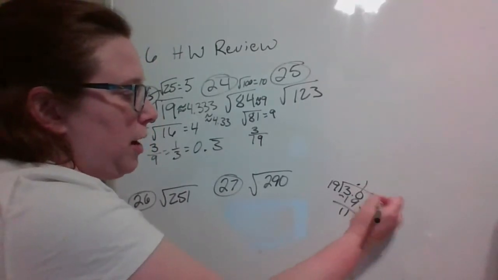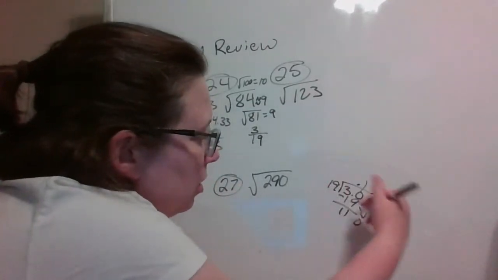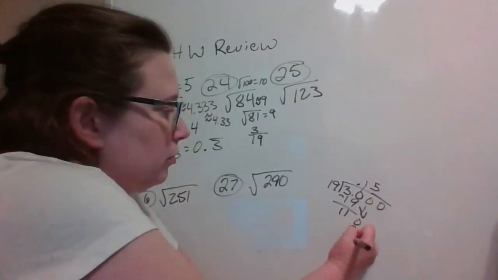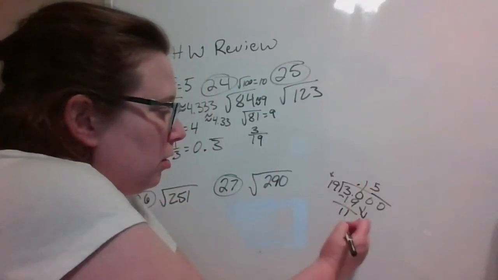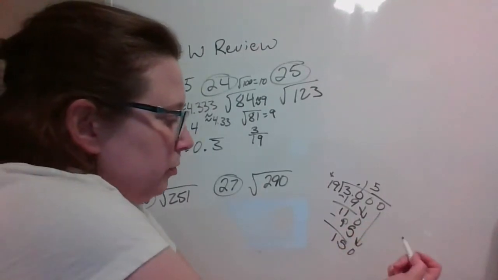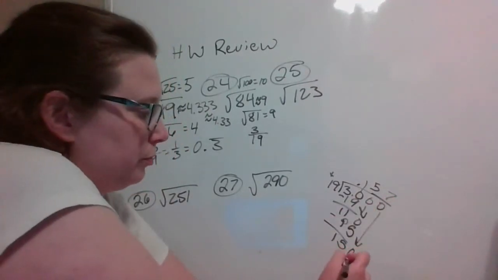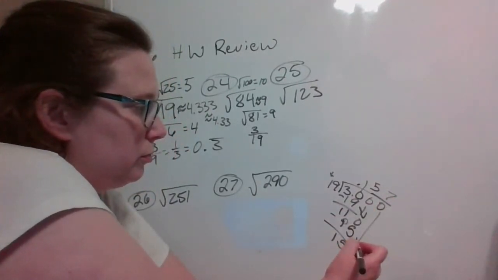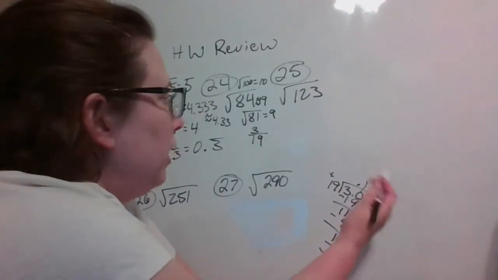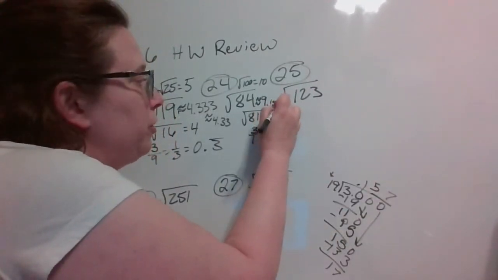And remember, I need to go out to the thousandths place here. All right, so we have to the nearest thousandth, which means this will be 9 and 157.